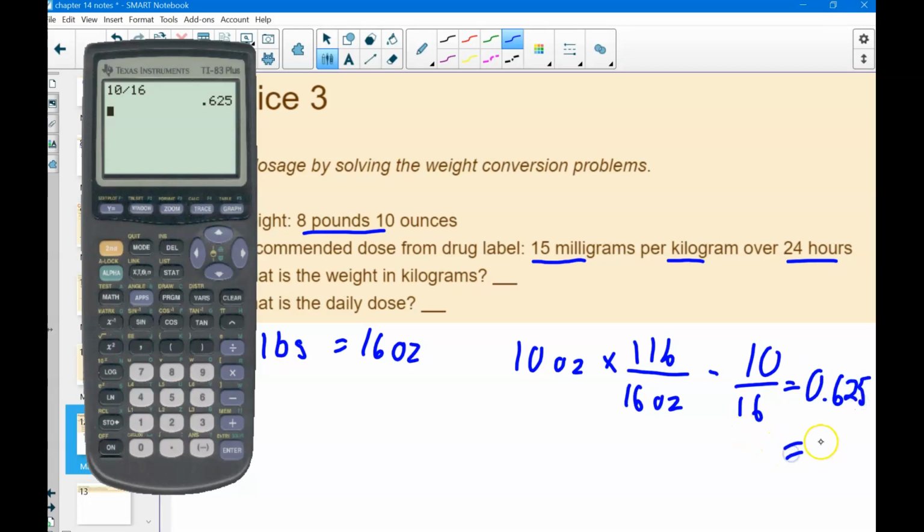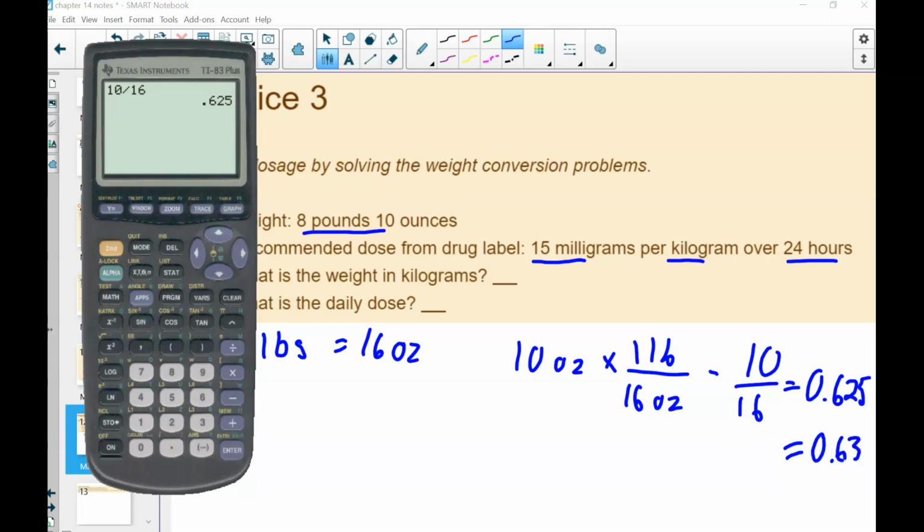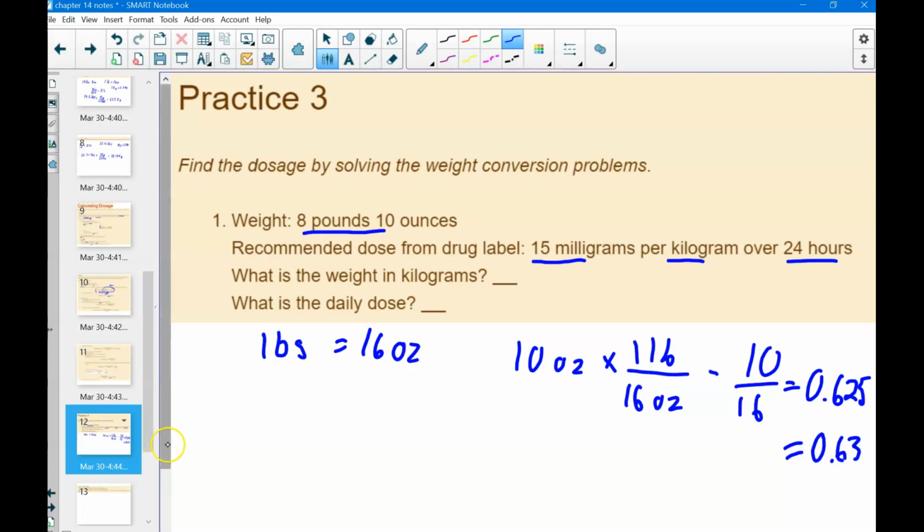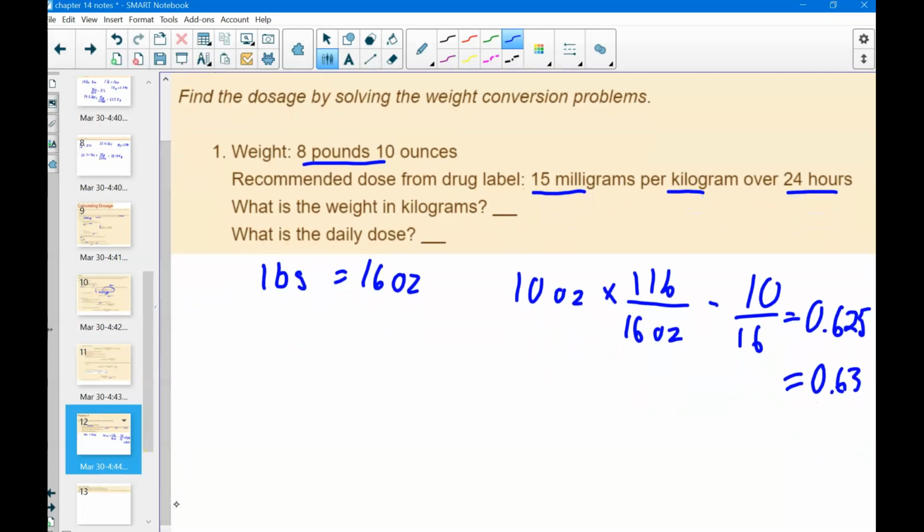Rounding off to hundredths, 0.63. So what we have is 8 pounds, or 8.63 pounds. Convert to kilograms, we know that 1 kg equals 2.2 pounds.